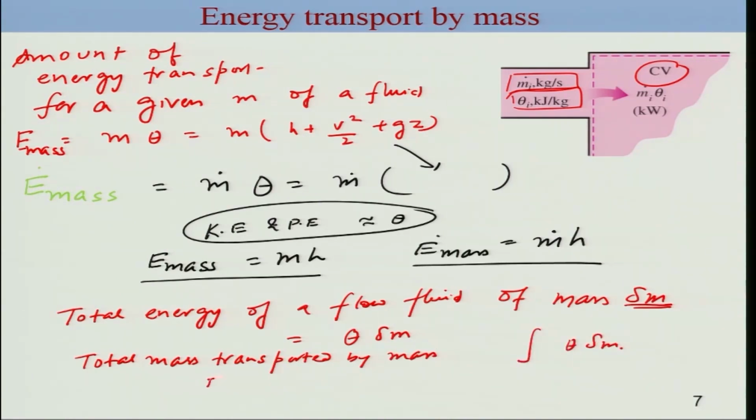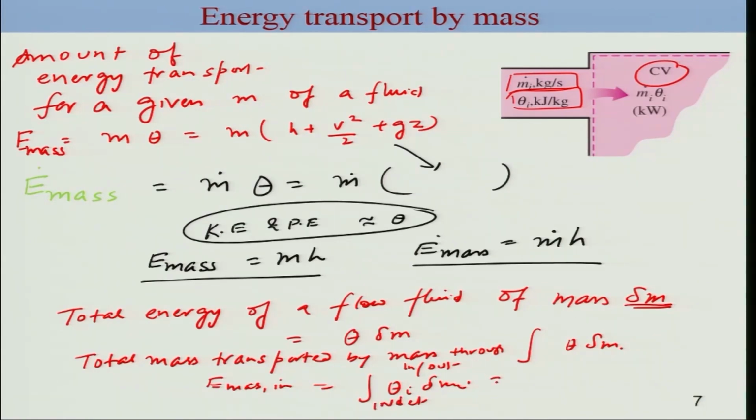So for the case of, let us say, inlet, if you are calculating this energy transported by the mass flow through inlet or outlet, this will be your simple theta i delta m i for a specific inlet condition.